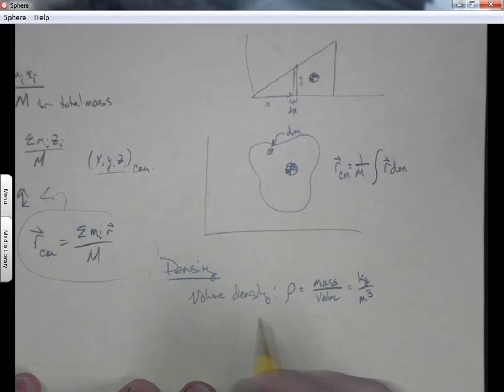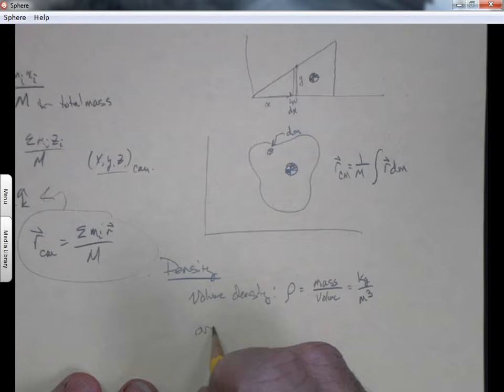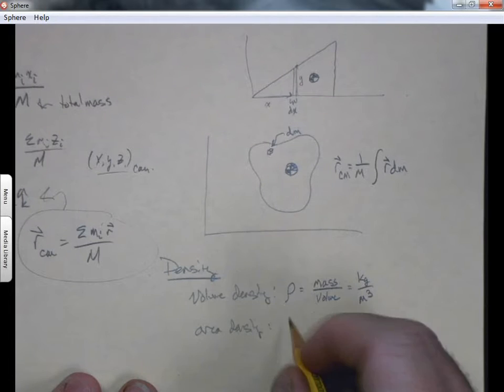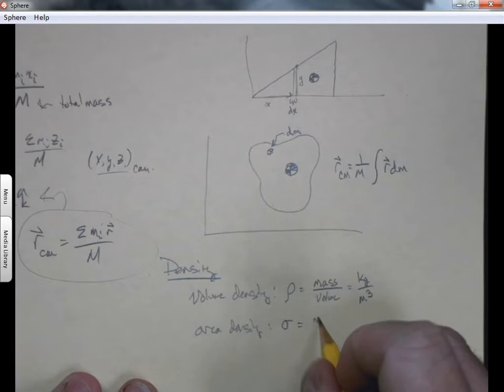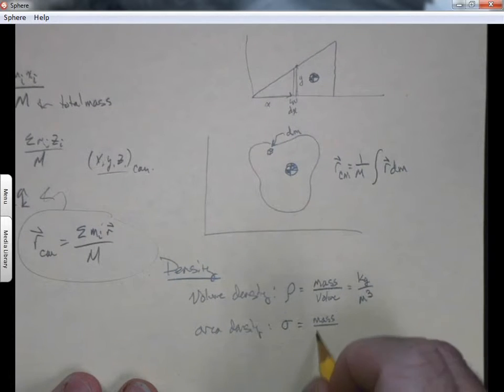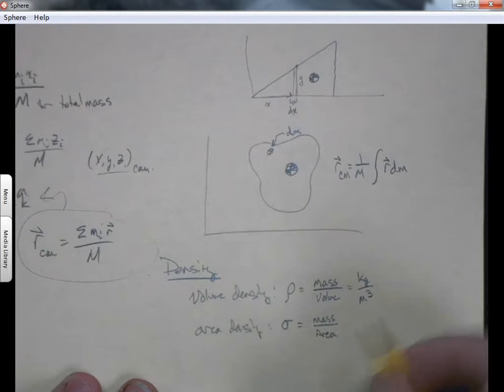Now we have two other types. We have area density, and this is given by a lowercase sigma, and that equals our mass over our area, or kilograms per meter squared.